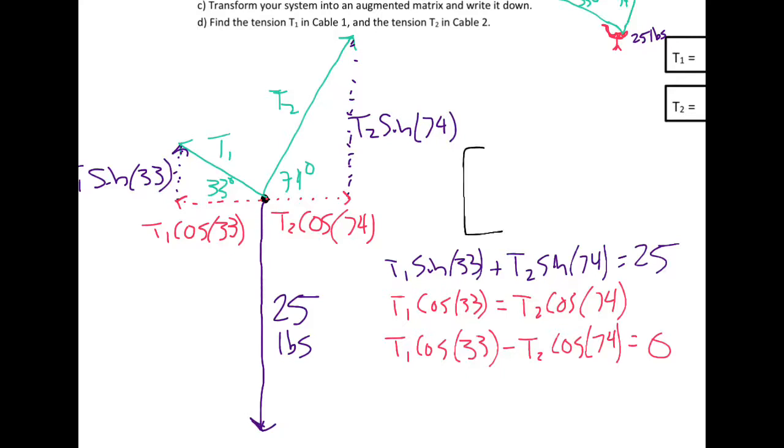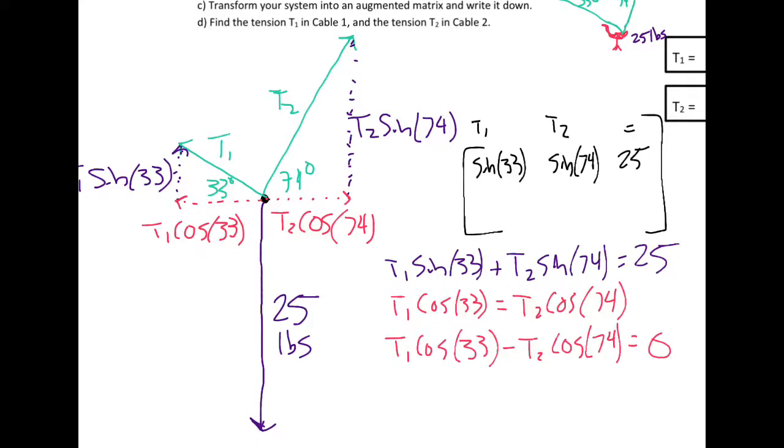When we do that, we're going to get a T1 column, a T2 column, and then a column for what these values are equal to. So, first equation, purple one, I'm going to get the sine of 33 in my T1 column, the sine of 74 in my T2 column, and 25 in my equals column.